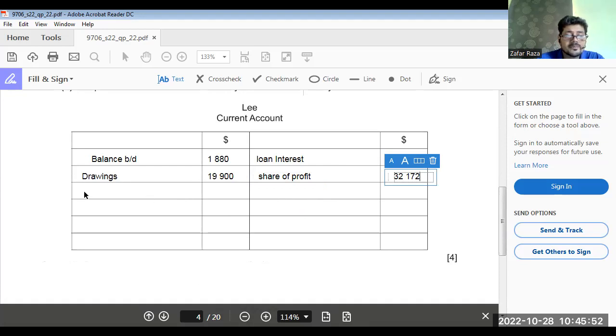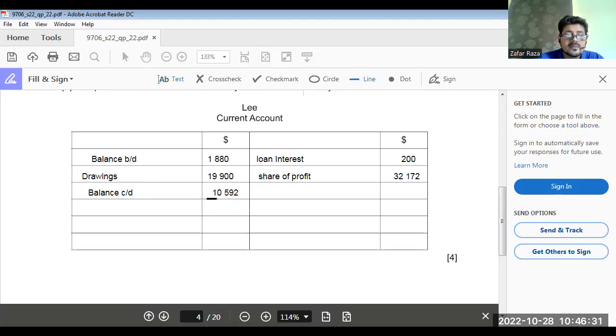So now balance c/d. How much? 200 plus 32,172 minus 1,880 minus 19,900. 10,592 is the balance.